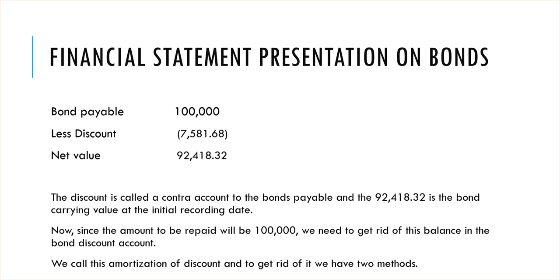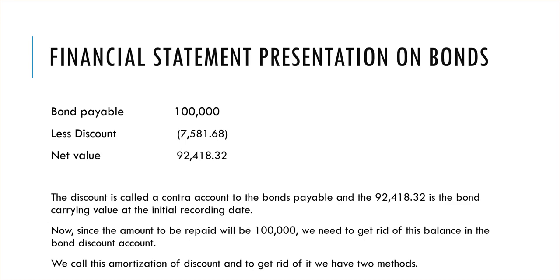What do I do? Well, initially, when you recorded it, you had a credit to bond payable 100,000 and you had a debit to discount for 75,81.68. So therefore, you see one's credit and one's debit. So you should subtract, right? Yeah. So that's the reason why you do that.